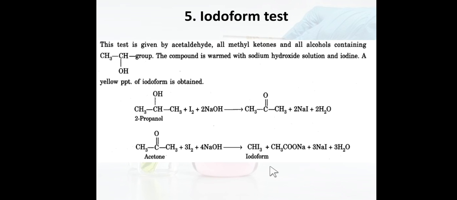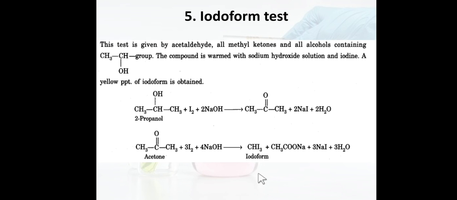So what is iodoform? Just like chloroform, this is CHI3, which is formed when we treat I2 and NaOH with a methyl alcohol, say 2-propanol, or even a methyl ketone like acetone. Very nice test in the laboratory.